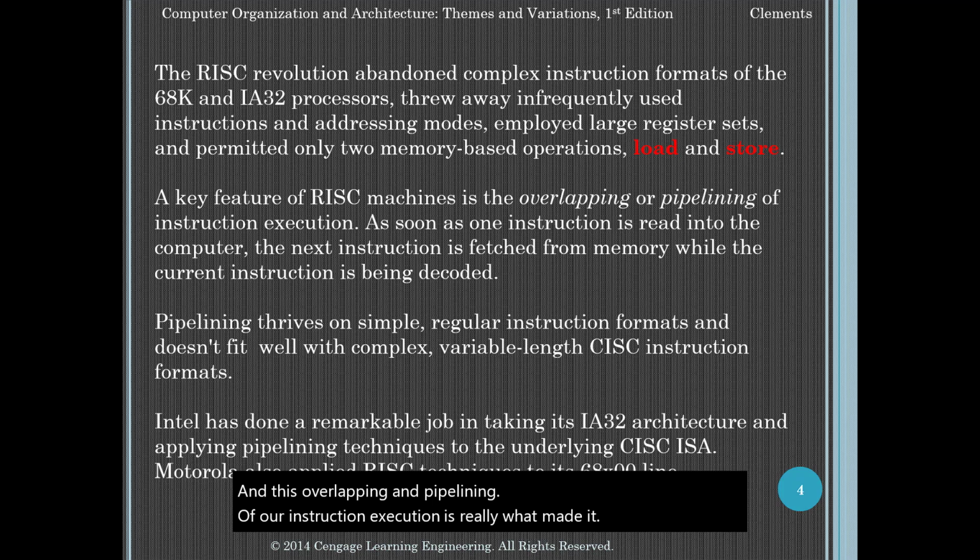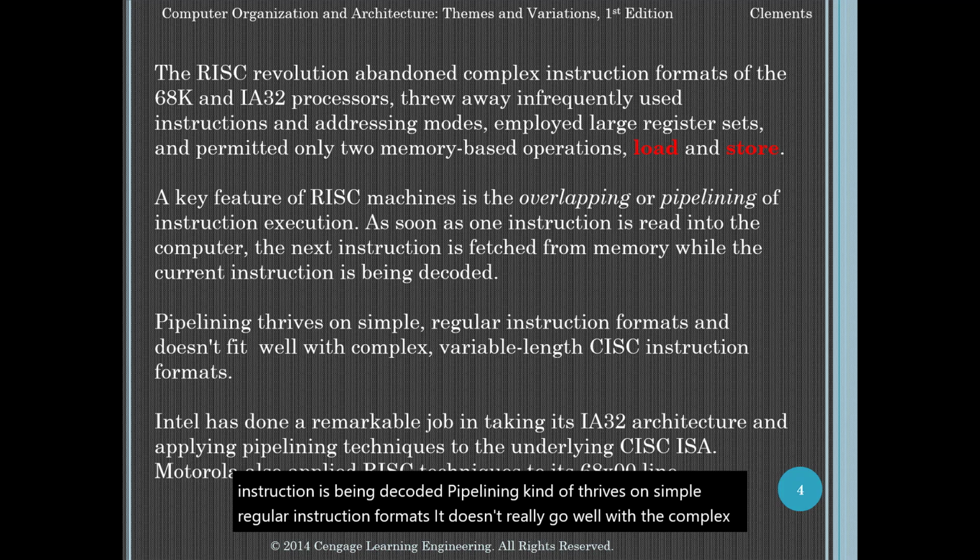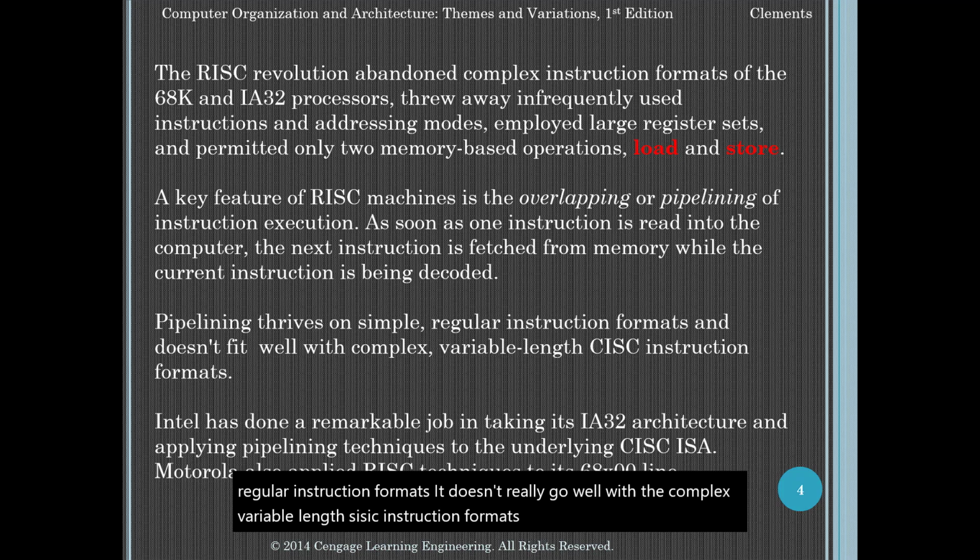So as soon as one instruction is read into the computer, the next instruction is fetched from memory, and while the current instruction is being decoded, pipelining kind of thrives on simple, regular instruction formats. It doesn't really go well with the complex, variable-length CISC instruction formats, but Intel had done a remarkable job of taking the IA32 architecture and applying pipelining techniques to the underlying CISC ISA, and Motorola also applied these RISC techniques to its 68K line.